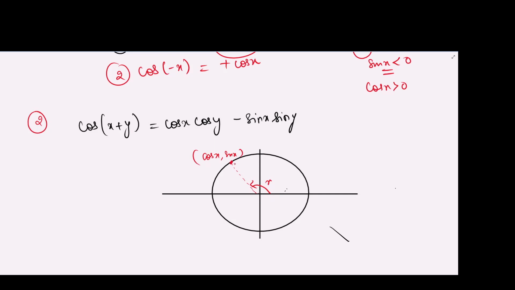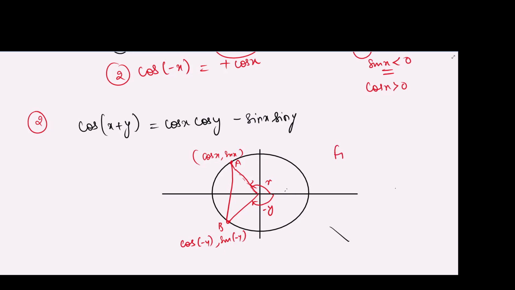This is point, we can call it A, and at point B, which is at angle minus y, where cos minus y and sine minus y. So join AB.